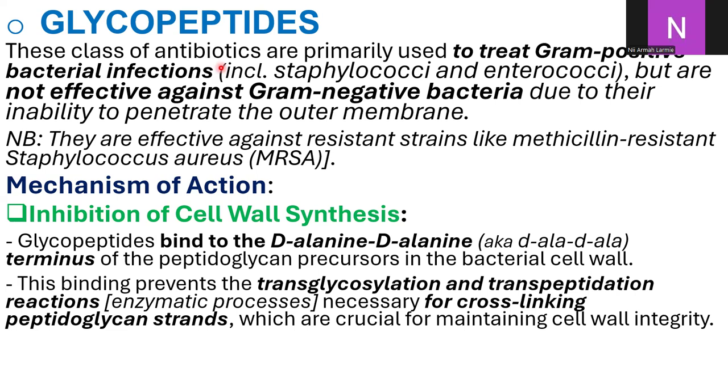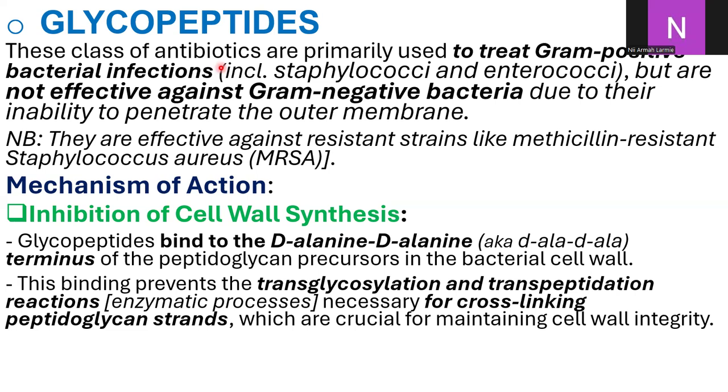Basically, what we are saying is that glycopeptides also inhibit cell wall synthesis. Howbeit, they do not use the beta-lactam ring. Rather, they bind to the D-alanine terminus of the peptidoglycan and prevent the cross-linking. So in both cases, we are stopping the transpeptidation reaction using two different methods.